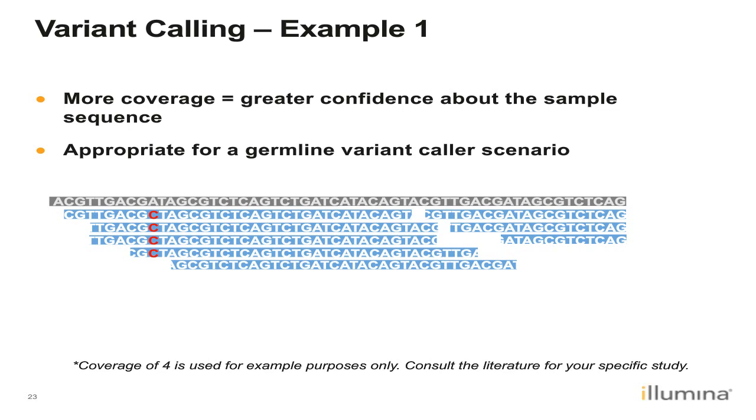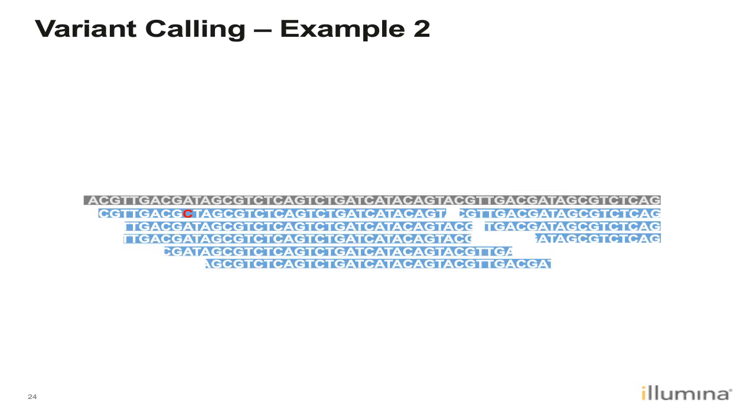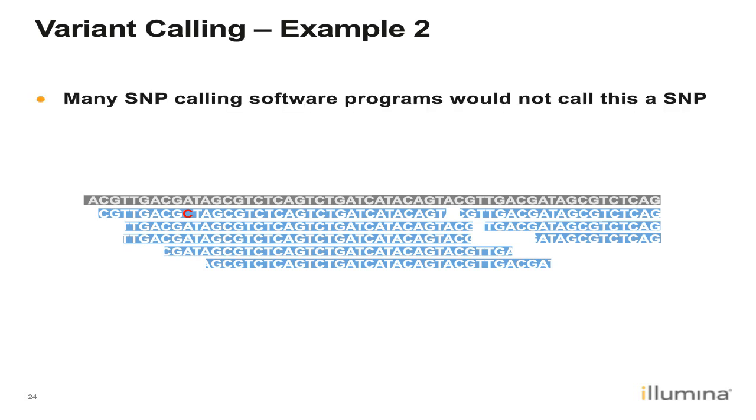So let's think about this, but now in a somatic variant calling scenario. So here we have, again, the same coverage, and we see only one read with the C difference. So if we were thinking about this as we had before for germline calling, of course this wouldn't be called because we can conclude that maybe it's a sequencing error, whatever that might be.